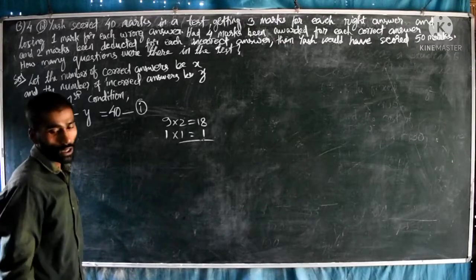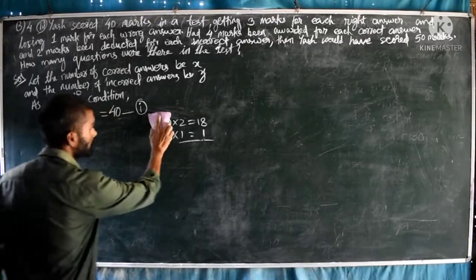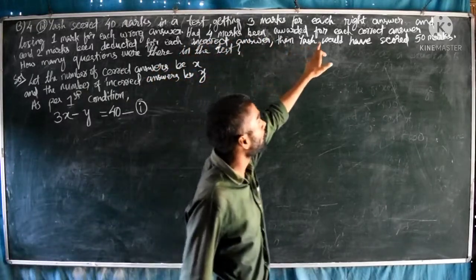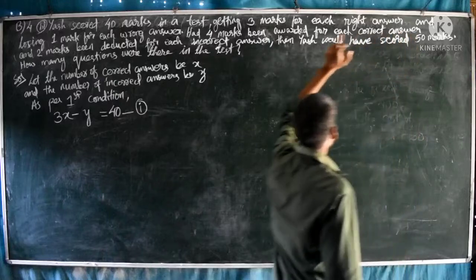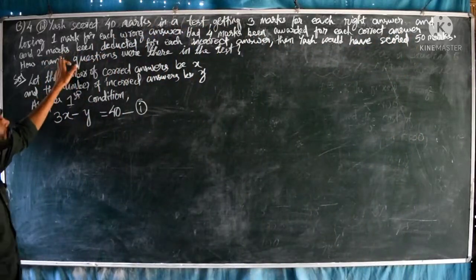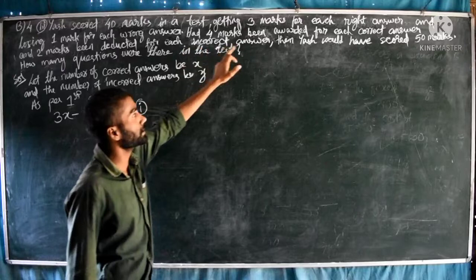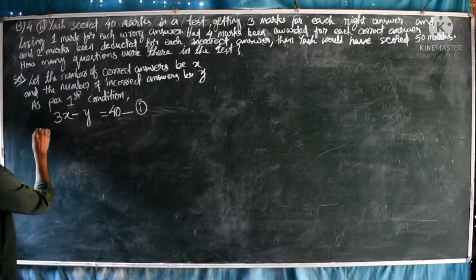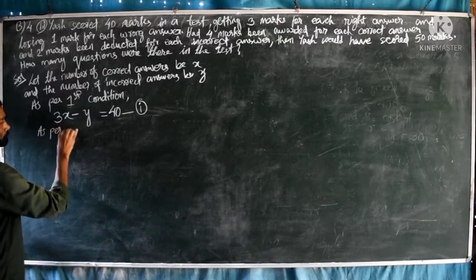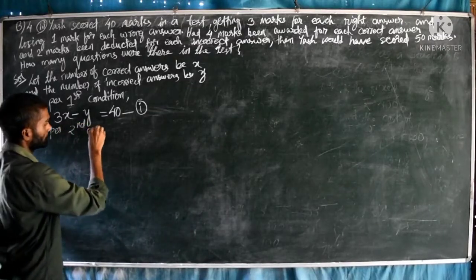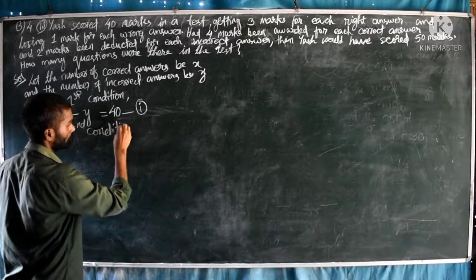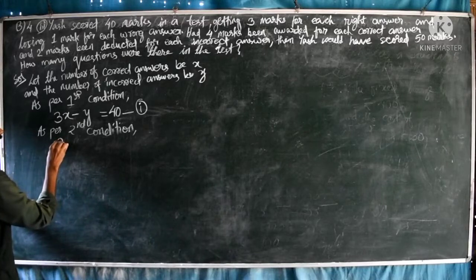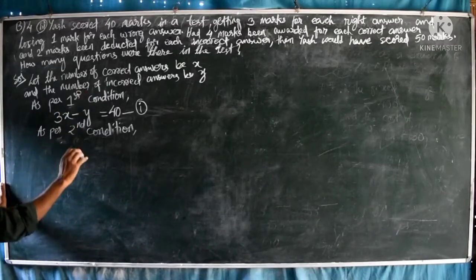Now for the second condition, it is said that had 4 marks been awarded for each correct answer and 2 marks been deducted for each incorrect answer, then Yash would have scored 50 marks. That means as per the second condition, for a correct answer the mark awarded is 4 marks.